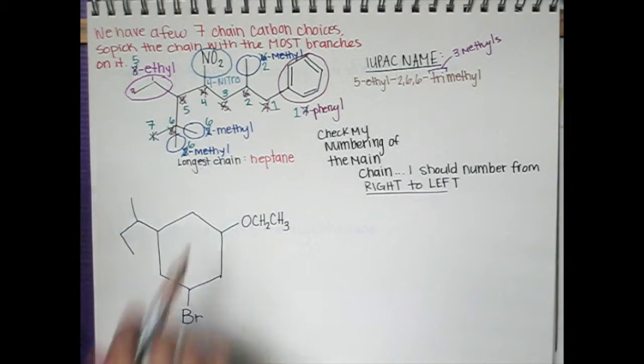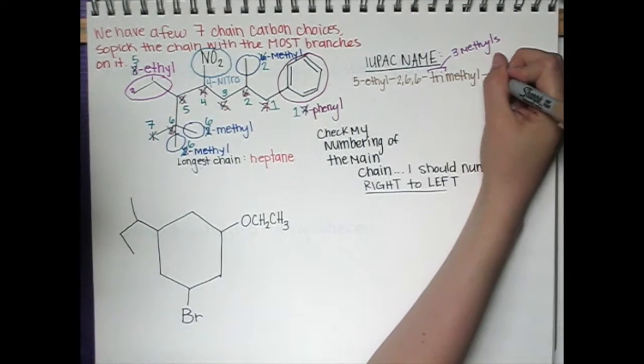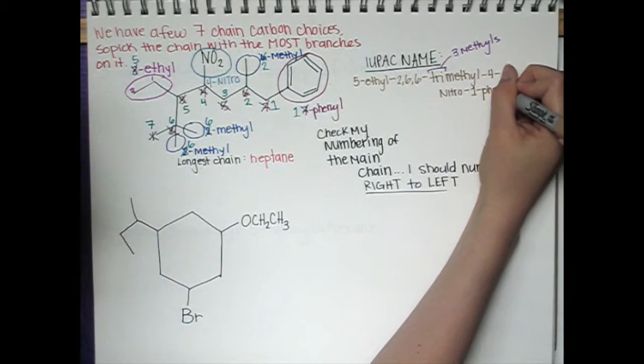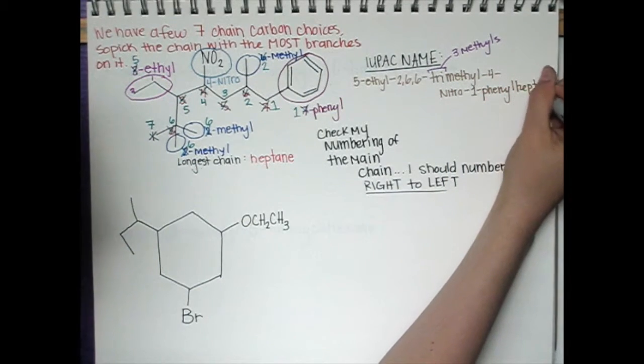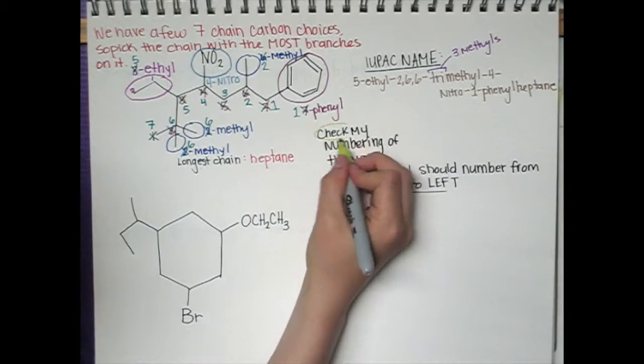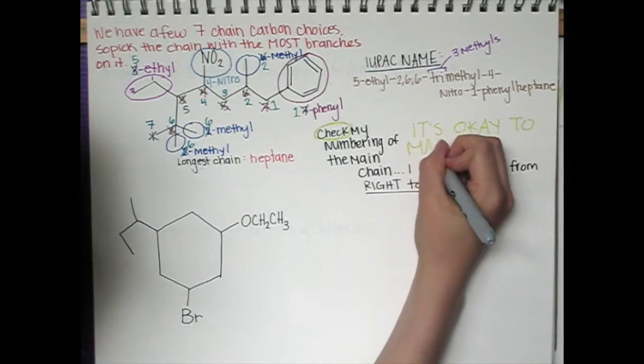It doesn't count for alphabetical order. N before P for nitro. And 1 phenylheptane. That's the whole name. It's really long, I know, but that's the name. Always check. It's okay to make mistakes as long as you catch them.